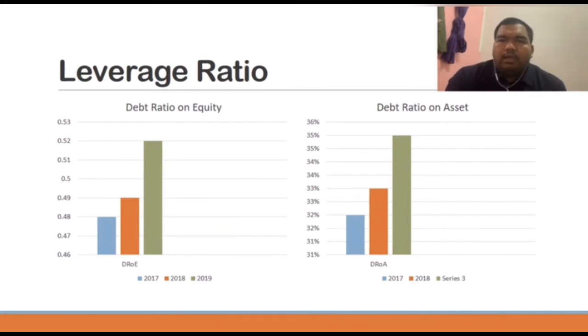This may be due to an inconsistent increase in total liability. This indicates that some of their funds to finance investment come from debt, and the balance represents the owner's capital or equity. A debt ratio of less than 100% indicates that the company has more assets than debt.